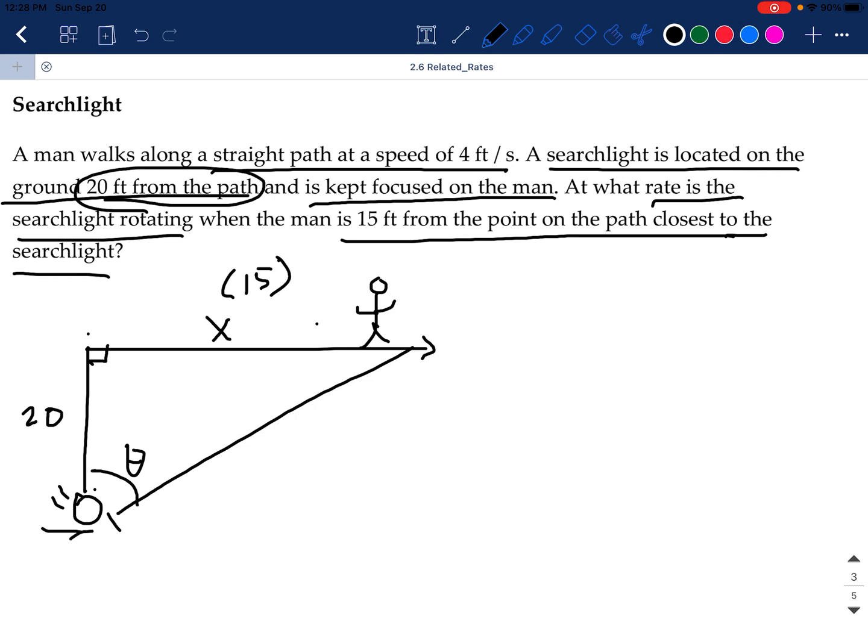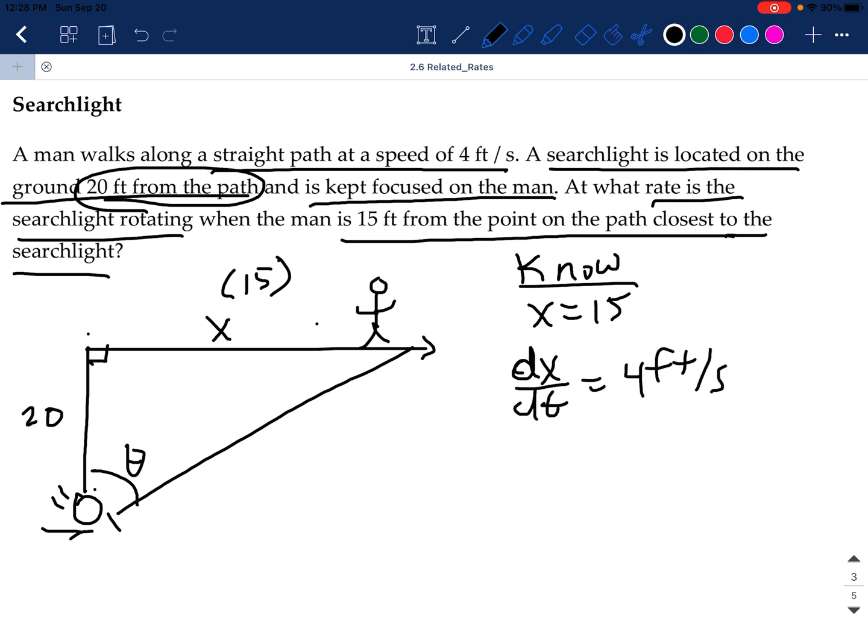Looking at our values, we could use sine, cosine, tangent, any of those. We should add what we know: x is 15, and dx/dt is 4 feet per second. That's the speed at which he's moving along the path, which is positive because he's moving away from the searchlight.